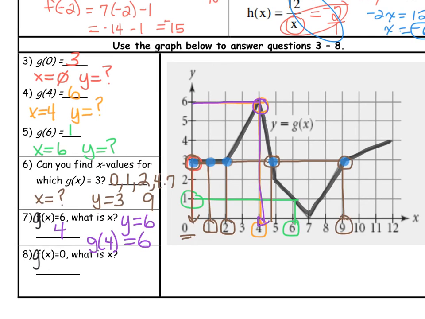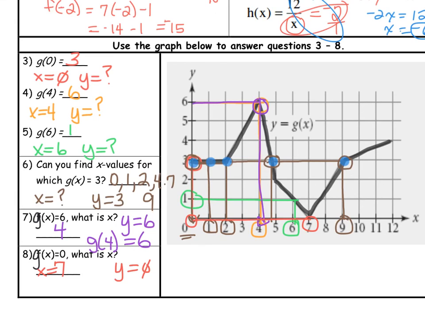What is x when y equals 0? And I think we've done this already. So when y is 0, nope, we haven't. Let me erase some of this stuff out of here so we can, guess I can't erase it, sorry. So when y is 0, what is x? It's right there. X is 7.